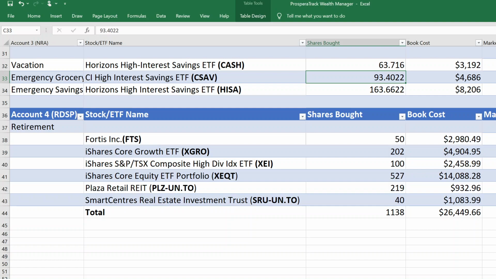Xgrow is quite similar to XEQT that I discussed earlier on. Initially, when I was investing more into Xgrow, I liked the idea of having some bond in my investment as sort of an edge against fluctuation in the market.